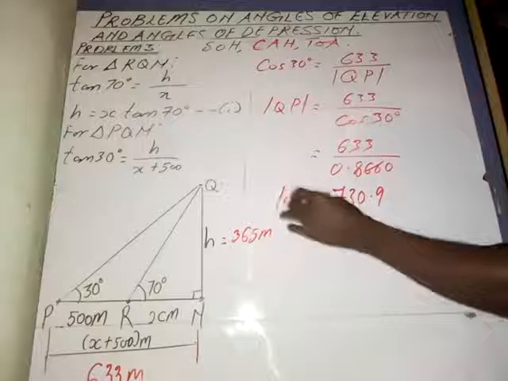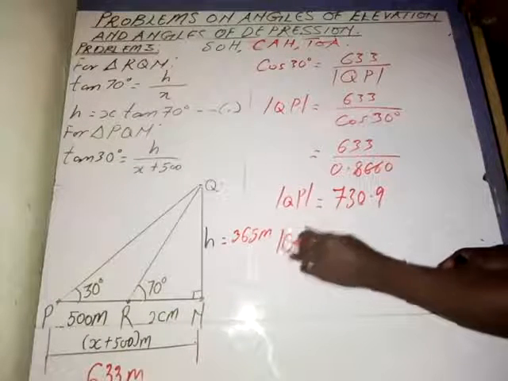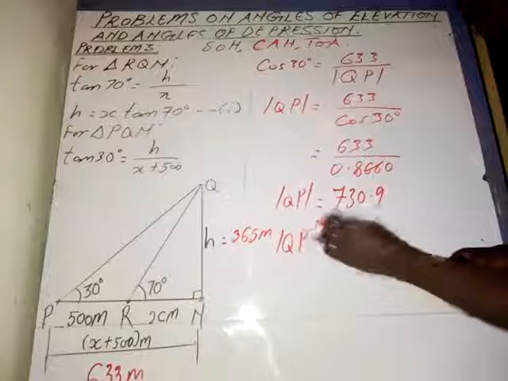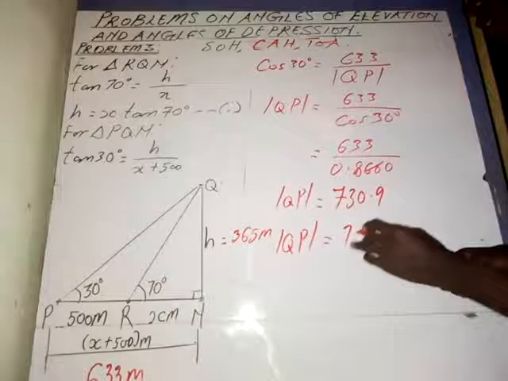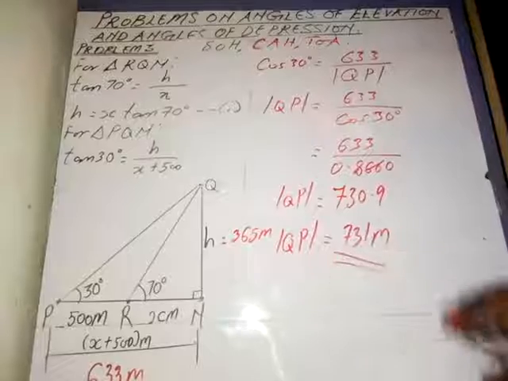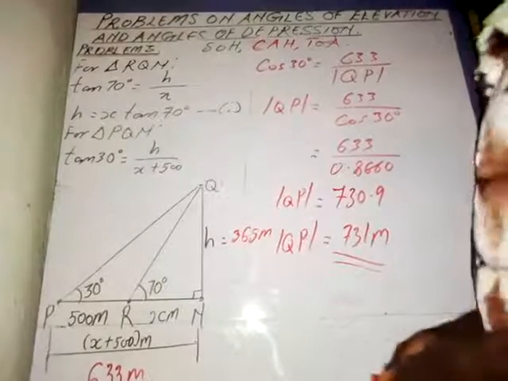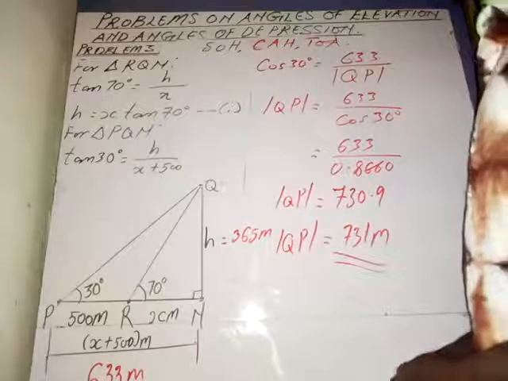So QP is 730.9, and we are told that our answer should be given to 3 significant figures, and this will be 731 meters. So this is the solution to the question. I believe this is clear to you from the beginning to the end. So I really appreciate you. Thank you.